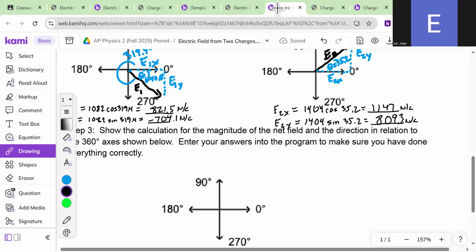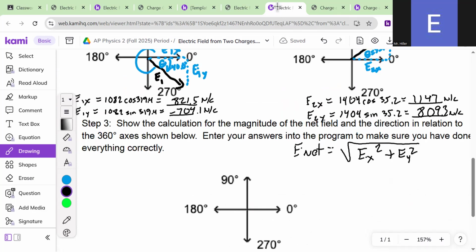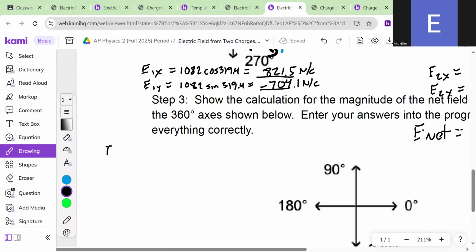Okay. Now to find your net field, I'm going to use Pythagorean theorem, and it's going to be EX squared plus EY squared. So I got to find EX and EY. So EX is going to be the sum of my X components. So it's going to be E1X plus E2X.